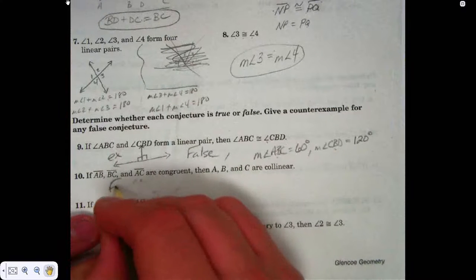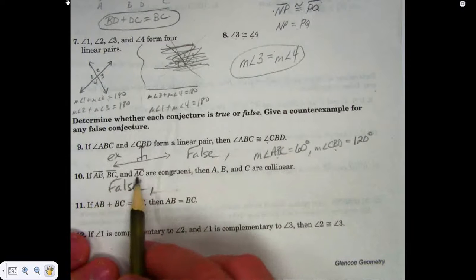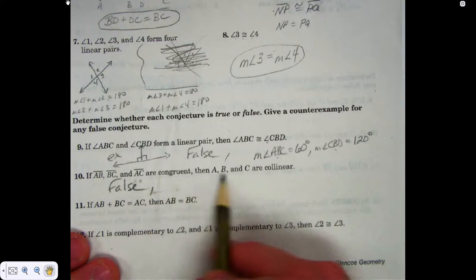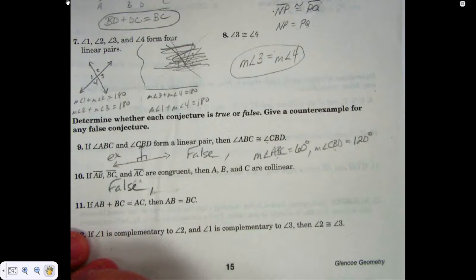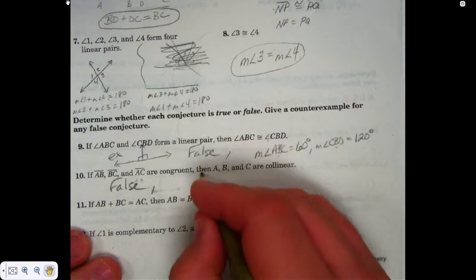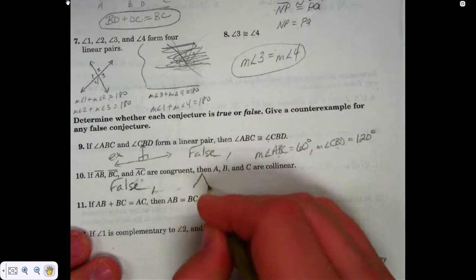Saying that they're on different lines and they're the same. Yes, so you were saying, is there a situation where these would be congruent, but they wouldn't be on the same line? Yes. I'll let you in on a little secret. You know, an equilateral what? Triangle.